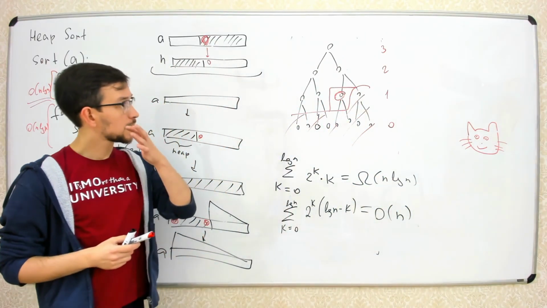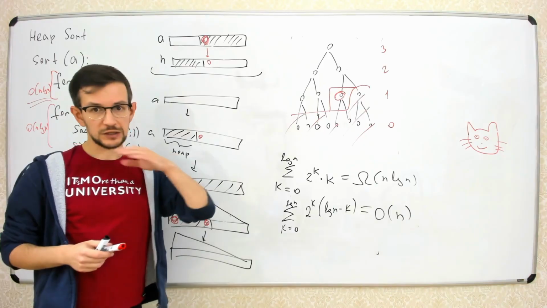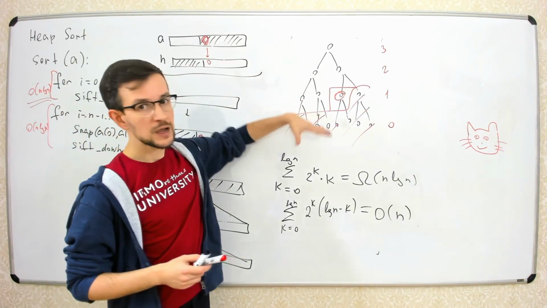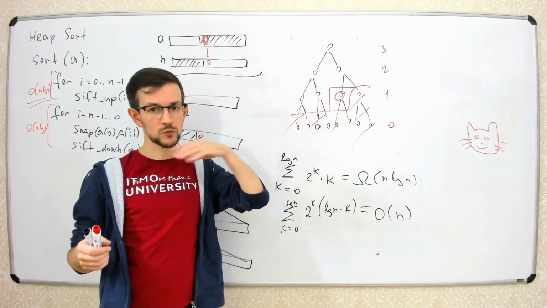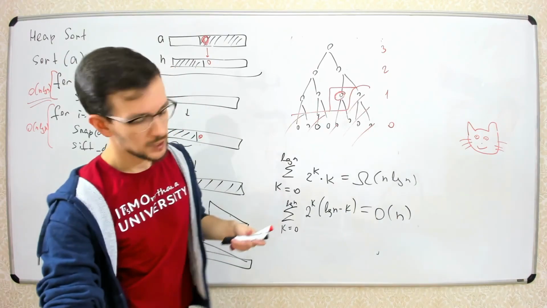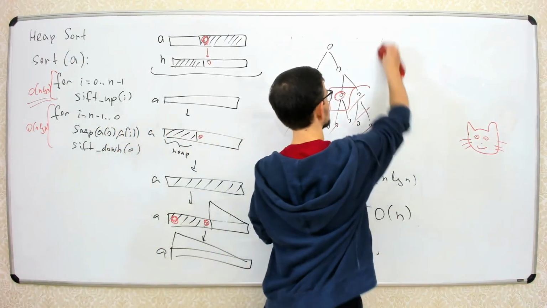How to show this? Let's calculate this sum in a different way. Let's calculate for each layer the number of swaps we need to make to sift all elements from the bottom. Let's say we have layer k.